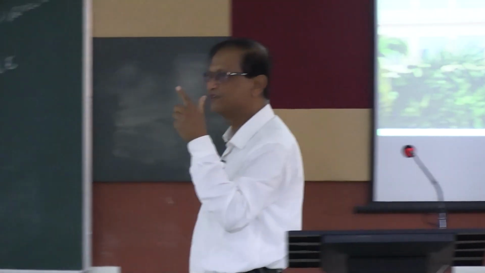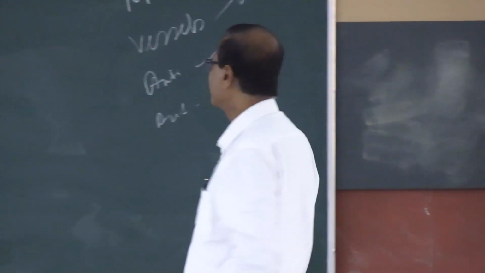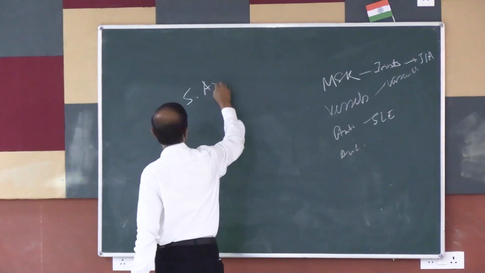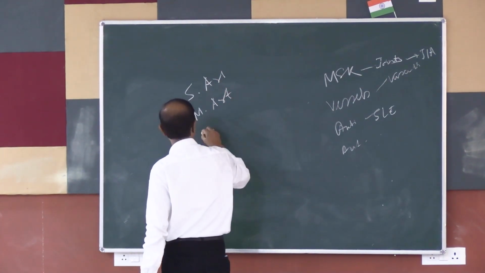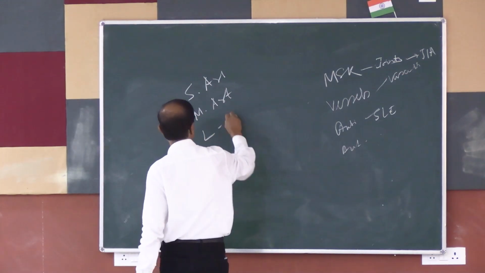What is vasculitis? It is the inflammation of blood vessels, and we all know in the body there are 3 varieties of blood vessels: small, medium sized, and large sized blood vessels. So, you can have disease of small arteries, medium sized artery, and large sized artery.